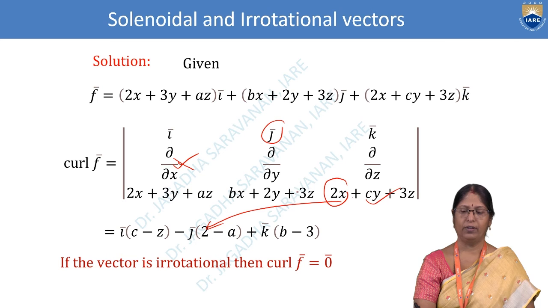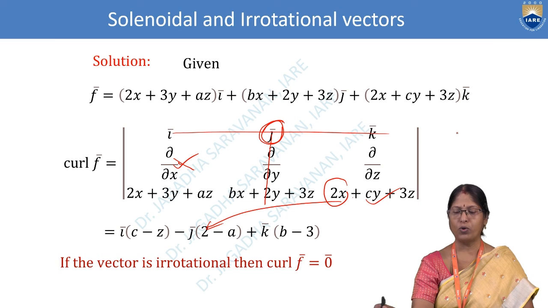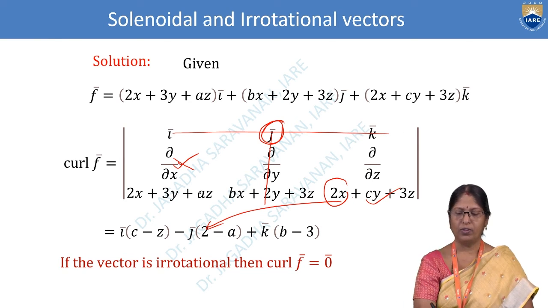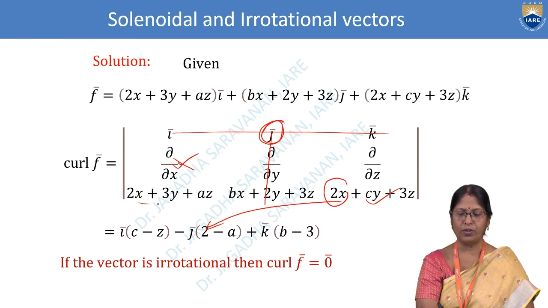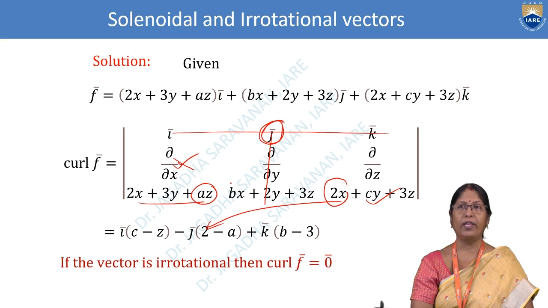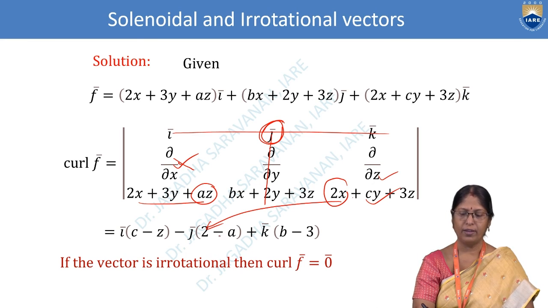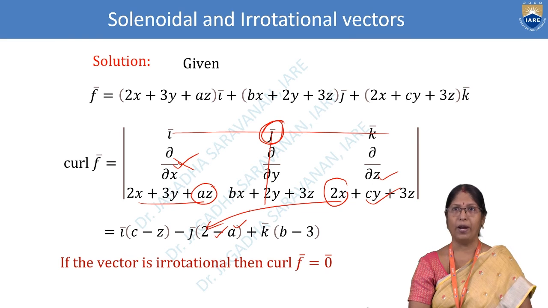The next, when we concentrate on this position, the particular column and row should be neglected. That is the determinant rule. The leftover is dou by dou z of this one, with respect to z we get a. This is the formula, minus.